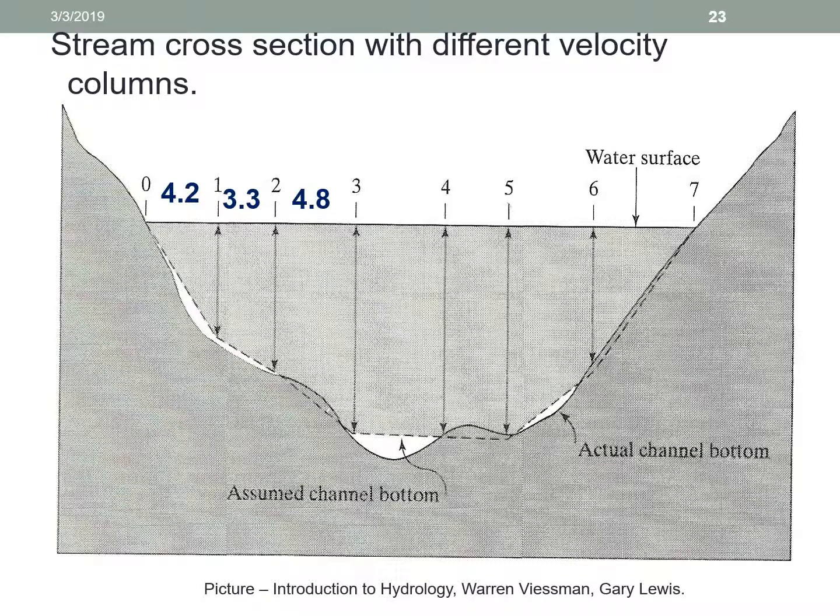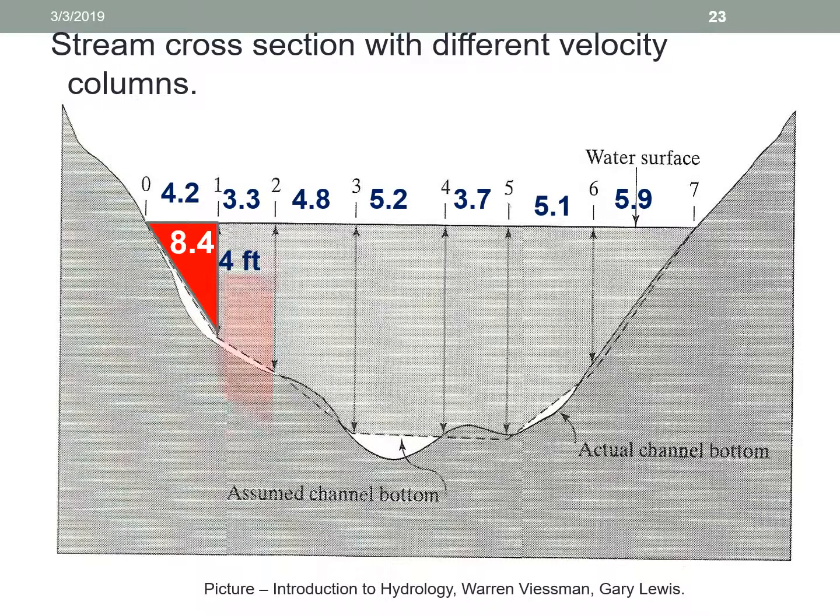So I put all of the numbers here. From section 0 to 1 is 4.2, from 1 to 2, 3.3, 4.8, 5.2, 3.7, 5.1, 5.9. Section 1, so 4 feet is the depth, the area is 8.4.